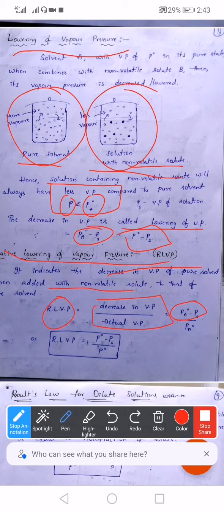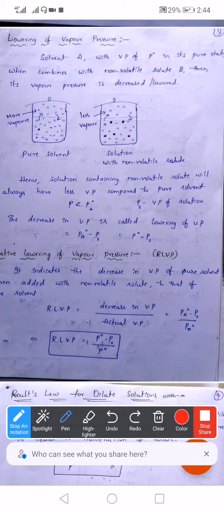This will be a decrease. And since we want a relative lowering, it should be compared with the original vapor pressure. So, decrease in vapor pressure divided by original vapor pressure. This is the important formula which indicates relative lowering of vapor pressure: relative lowering of vapor pressure is given by P naught minus Ps divided by P naught. I hope you are clear with this.